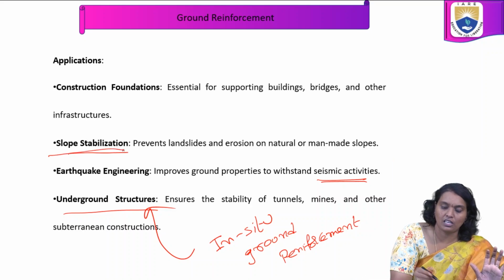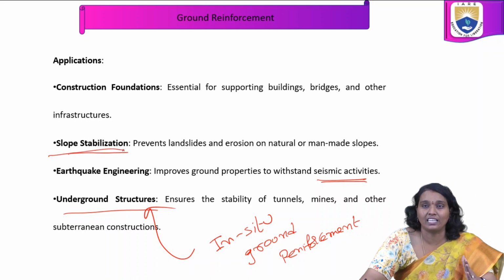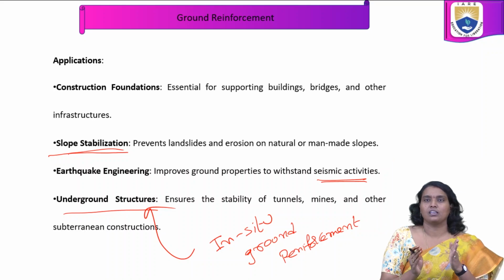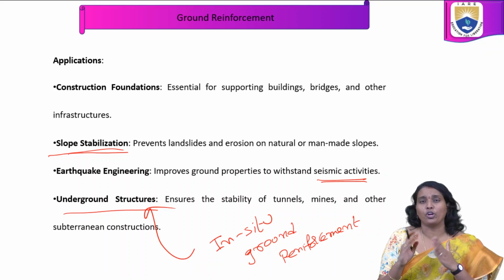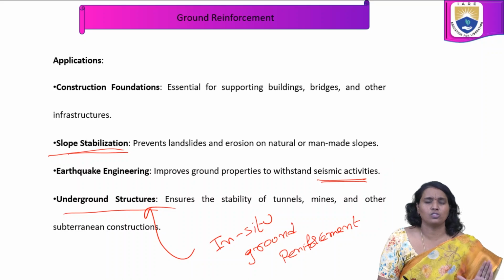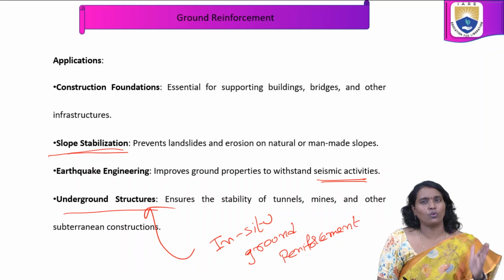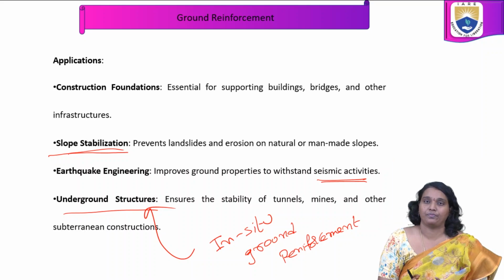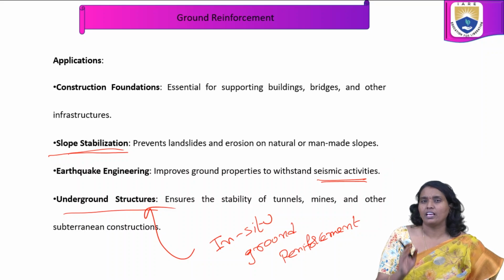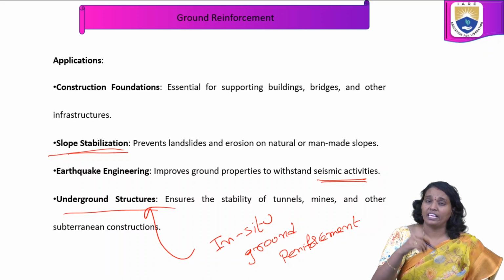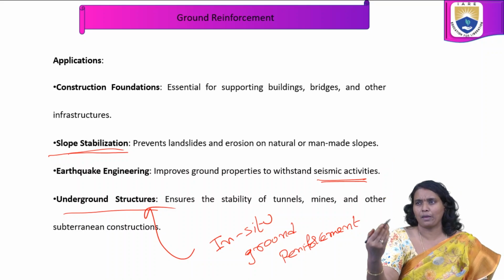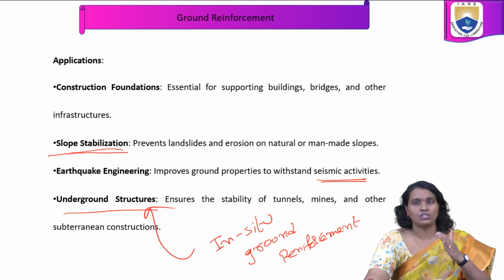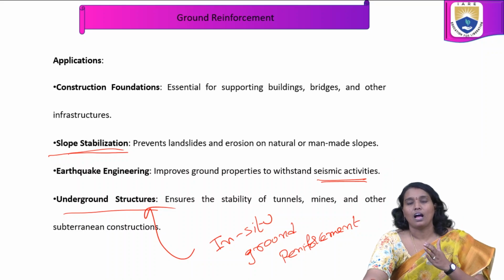In soil stabilization also, it is used to prevent landslides and erosion on natural or man-made slopes, which we observe in different conditions in our day-to-day life, such as hilly regions and where the soil is very loose. Whenever we construct in hilly areas, such as ghat roads, landslides may occur.